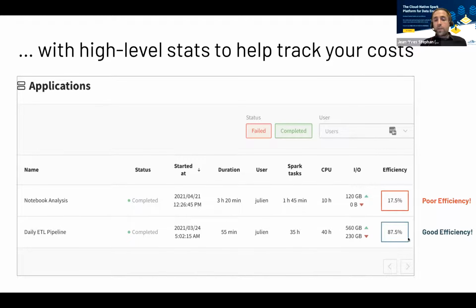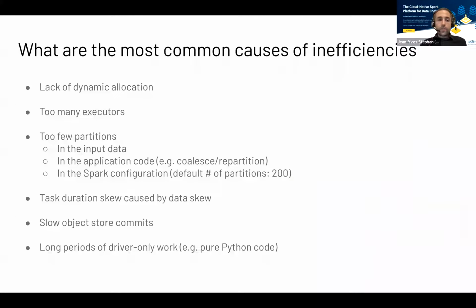So now that we've explained efficiency, what are the typical causes that can drive low efficiency? Okay, what if you install Delight and you see that your efficiency is poor? Well, there are a few reasons. If you are using notebooks and using Spark in an interactive way, then it's very important to enable dynamic allocation, meaning you will not be using a fixed number of executors.